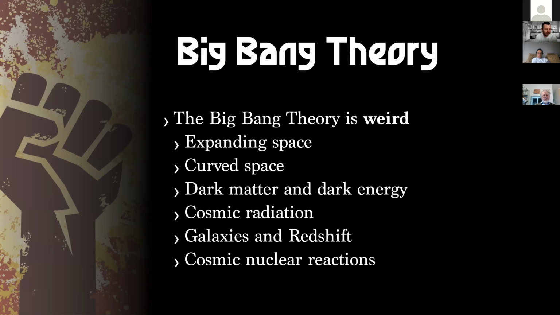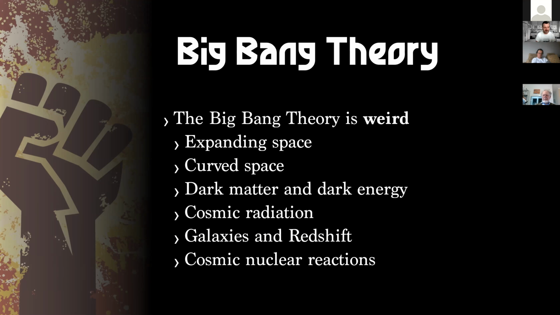He actually thought that this idea of the Big Bang, and we'll come to what that means in a moment, was wrong. And he proposed an alternative theory. But the name stuck. So we have this cosmological model, which is the Big Bang theory. And where people get angry is because this theory is weird.